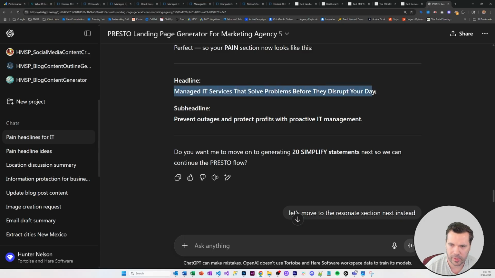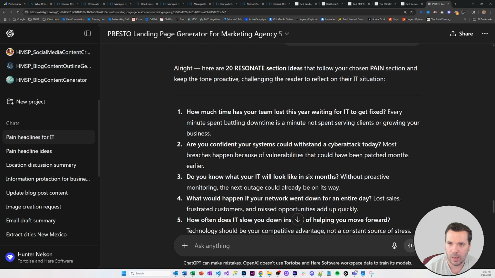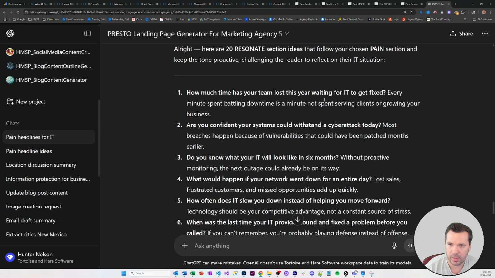So: managed IT services that solve problems before they disrupt your day. Subheadline: prevent outages and protect profits with proactive IT management. This is probably something we'd want to expand upon a little bit, but just setting the context here. So we're moving on to the Resonate section and want to continue building on that narrative of a proactive IT management approach.